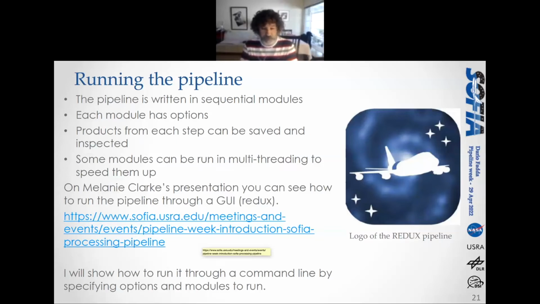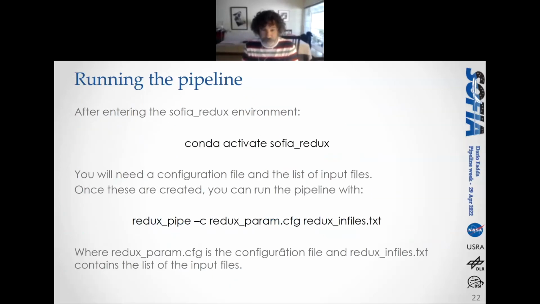I will not run the pipeline through the GUI because I am a command line person, so I will show how to do it with the command line. Of course, once you install, you have to always remember to activate the environment, and then you have to run these simple things: the redux_pipe -c, which stands for configuration, redux parameter, and then a list of files you want.